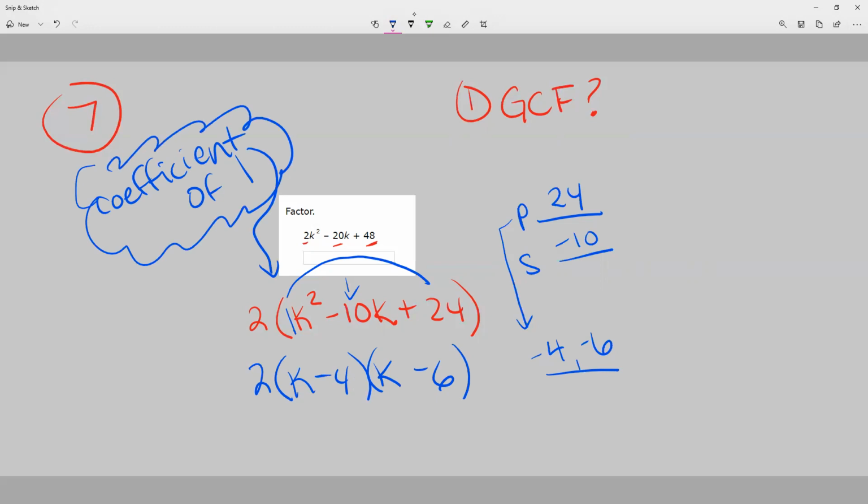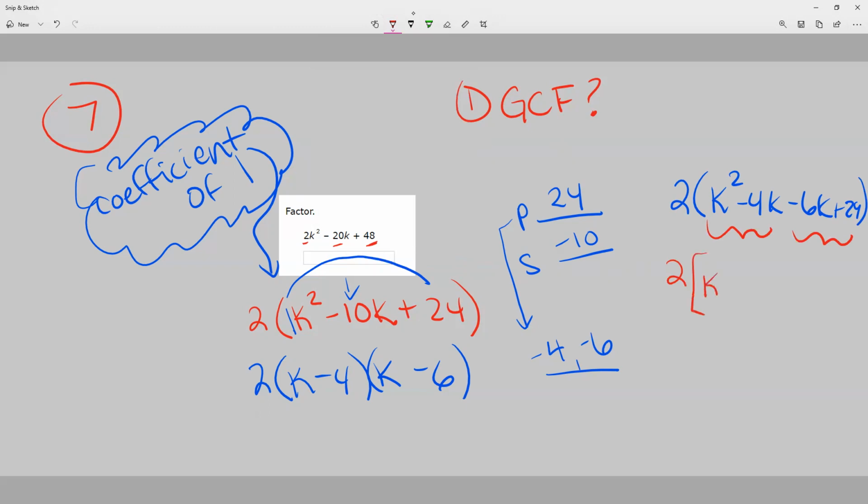I could, though, if you wanted to, come over here and say 2 and then k squared minus 4k minus 6k plus 24, and then factor this by grouping, and you still would end up with the same answer. It'd just be a little more steps because you'd need to go through and find those greatest common factors.